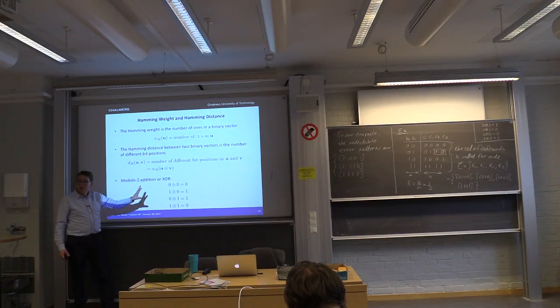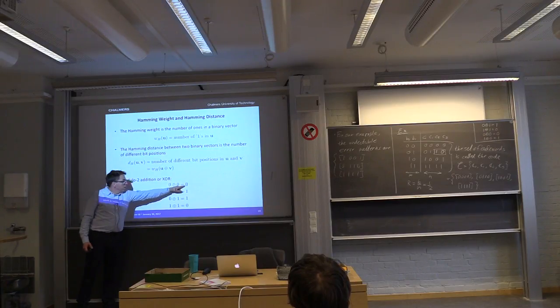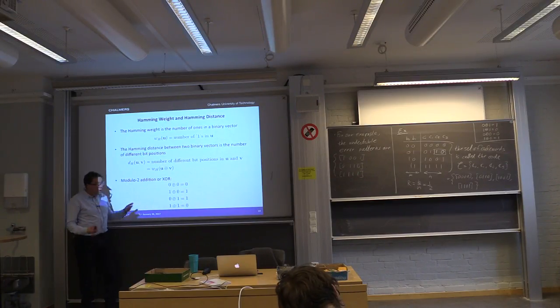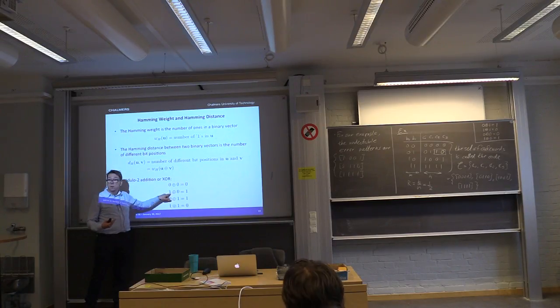I made a mistake in the modulo 2 table earlier, so this is the correct one. 0, 0 gives 0; 0, 1 gives 1; 1, 0 gives 1; and 1, 1 gives 0. So when we take two binary vectors and add them modulo 2, it will be a vector where there are ones in those positions where the two vectors have different bits. 0, 1 or 1, 0 gives 1 at the output.